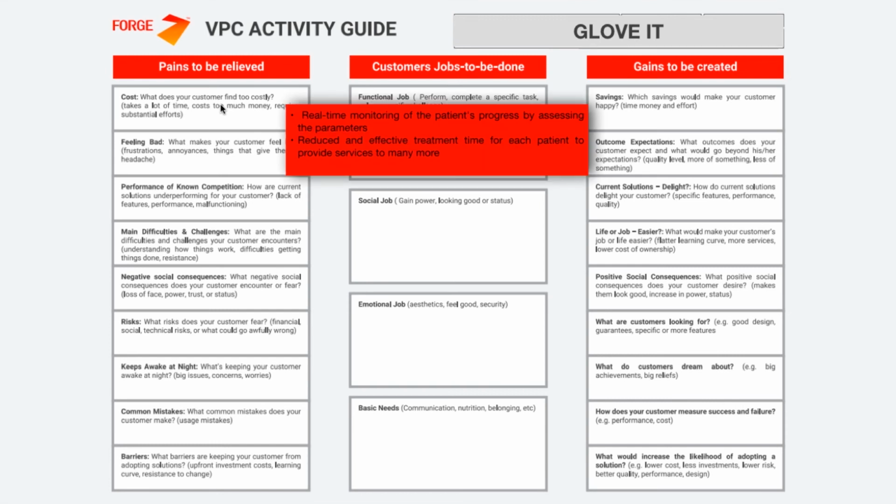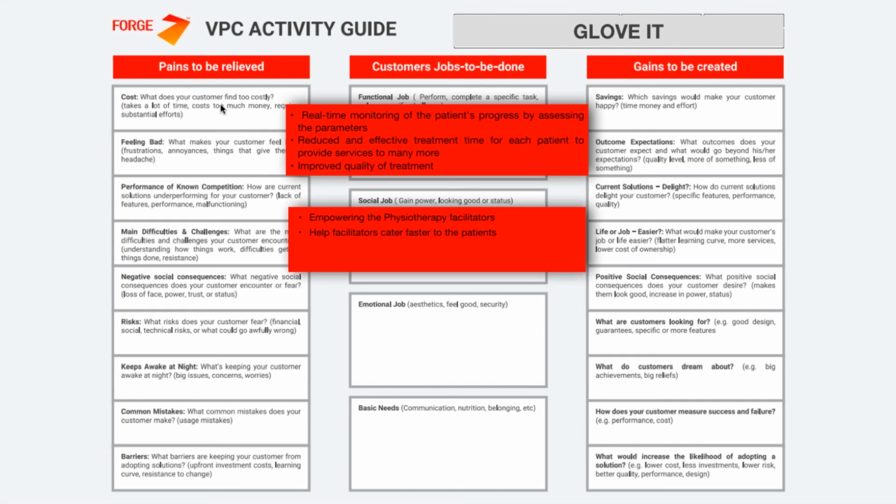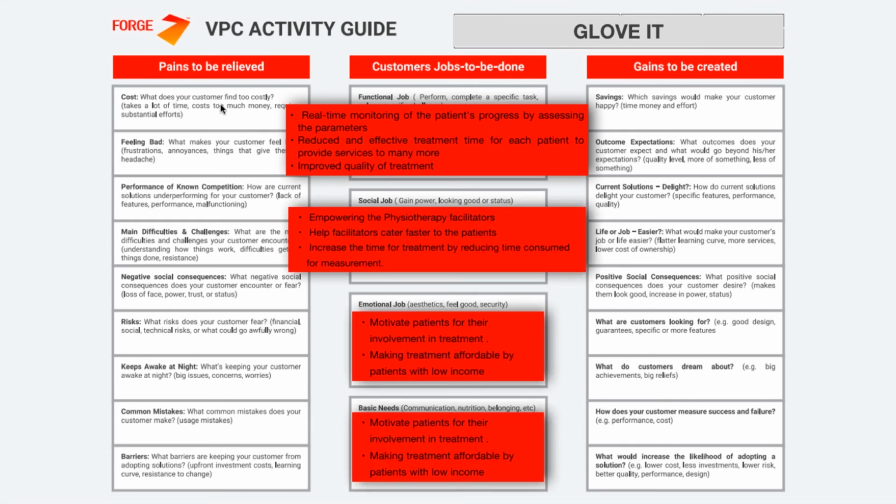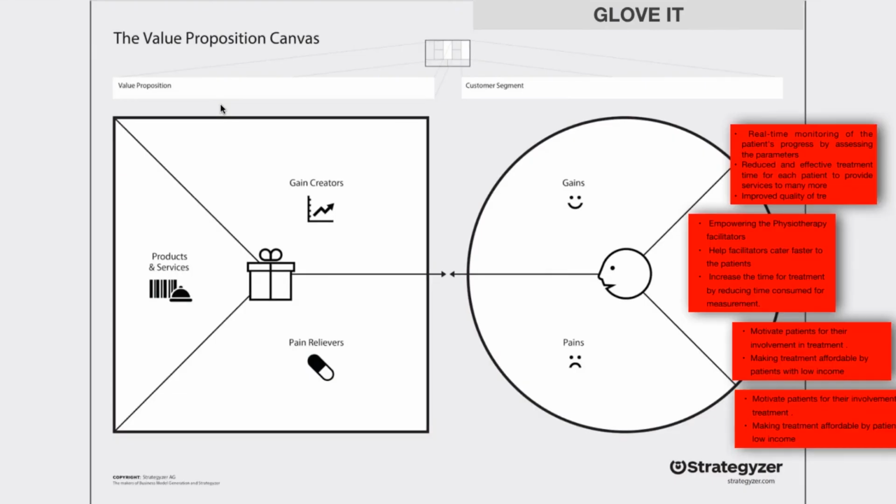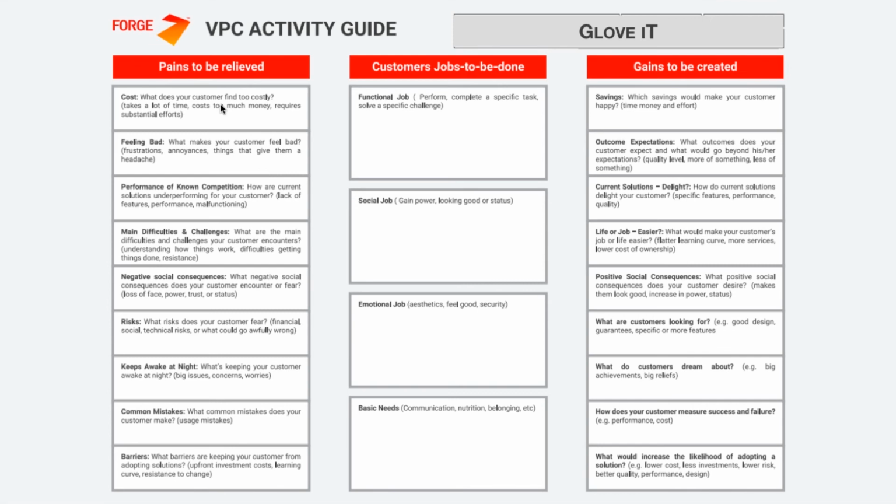The functional needs are the real-time monitoring of the patient's progress and reduced, effective treatment time for each patient. This is exactly what our physiotherapist wants to achieve. He also wants to provide better quality of treatment. If we could list down the jobs of our target customer, we will also be able to come up with the pains that he is trying to be relieved from.